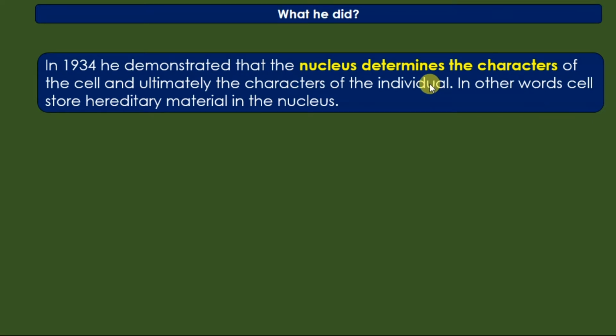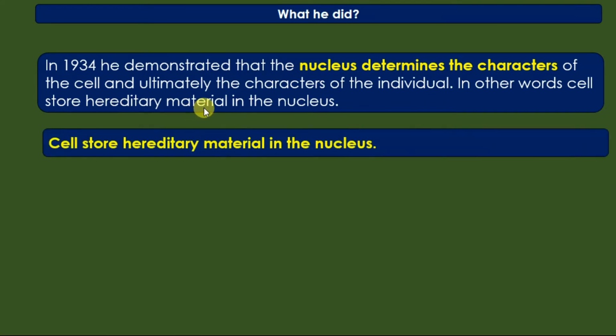If the nucleus determines or controls the character of a cell and of an individual, that means the nucleus contains hereditary material. In other words, the cell stores hereditary material in the nucleus. That's what Joachim Hammerling did.